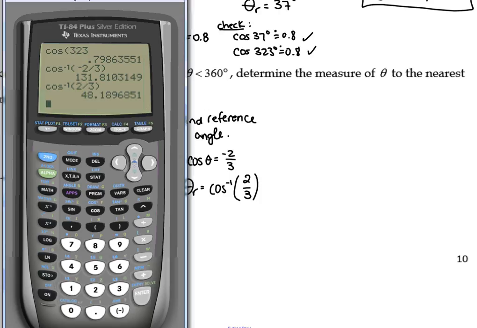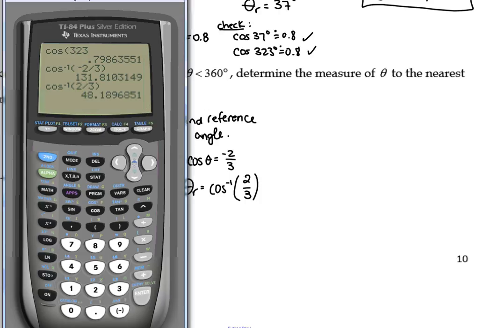See, what the problem is if you put the negative in, it actually is going to give you the first solution, the first rotation angle. But we want to find two angles, so that's a problem. And that's why we find the reference angle first, so that we can find both solutions. So this will give you the first answer. So we should expect our first angle, our first solution, to be 131.8 degrees. But there's two answers.